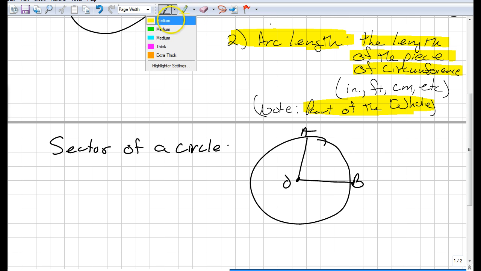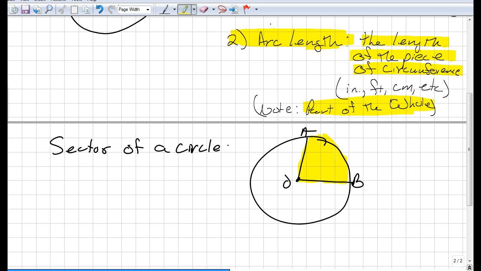It's kind of like if this was a pie, this piece of the pie is what you took out and ate. So in geometry, we refer to that as the sector of a circle. So it's the area bounded by two radii and an arc. So we have OA and OB, and we have arc AB. When we're talking about sector of the circle, we're talking about area.